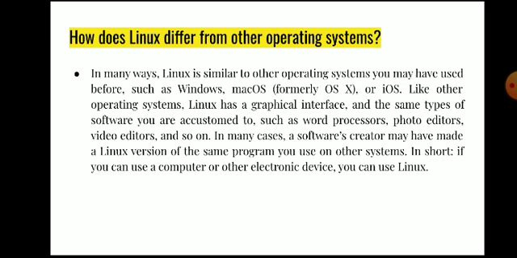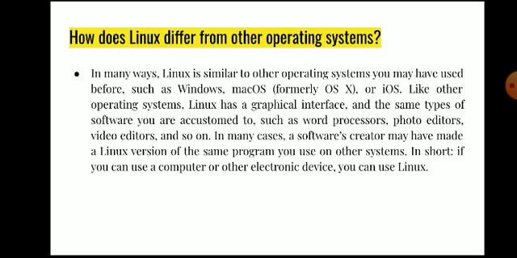How does Linux differ from other operating systems? In many ways, Linux is similar to other operating systems you may have used before, such as Windows, macOS, formerly OS X, or iOS.